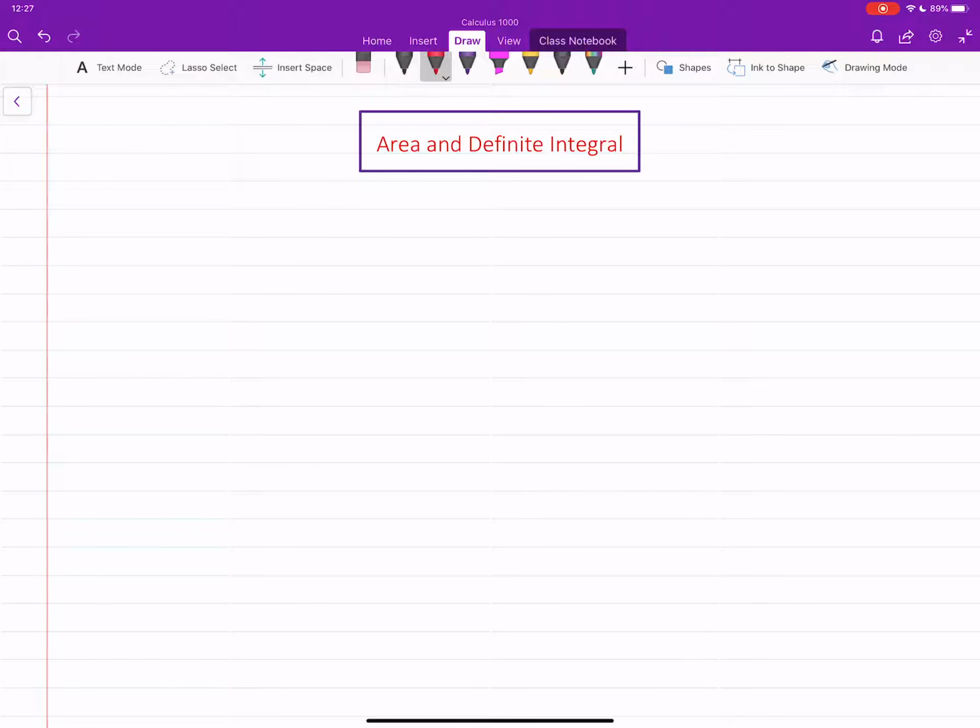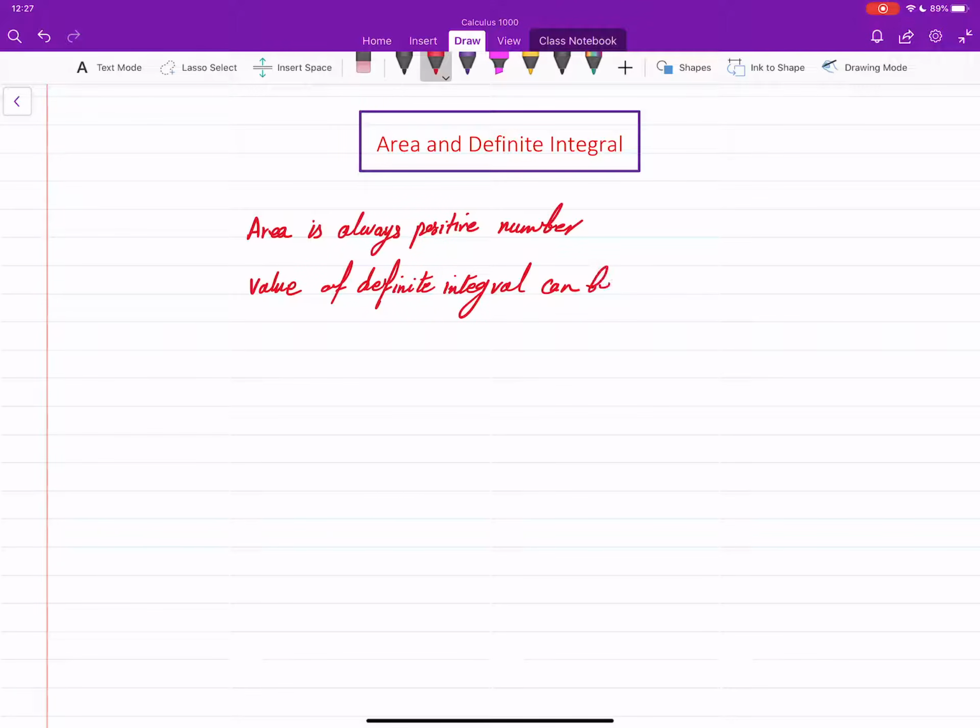Well, if I want to put one sentence for this video, it is that area is always a positive number, versus the definite integral, so the value of a definite integral can be negative.